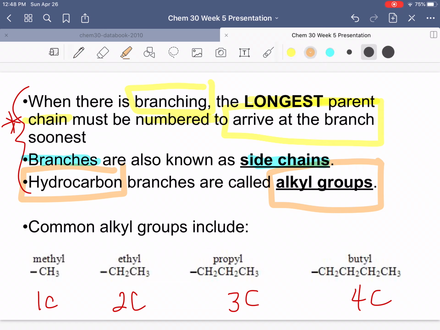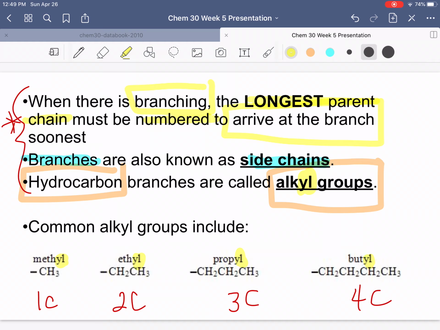But notice the endings on them. This is not just meth anymore, this is methyl. So the yl is how we show an alkyl group. 2 carbon side chain, ethyl. Propyl for 3, butyl for 4. If we kept on going to 5, it would be pentyl. 6 is hexyl, 7 is heptyl. You get the idea.